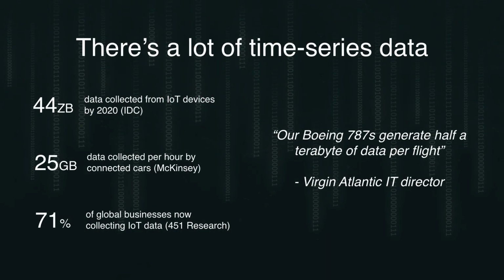And when I say high volume, I really do mean high volume. IDC predicts that in the year 2020, we're going to have 44 zettabytes of this type of data from IoT sensors alone. And don't worry, I had to look up what a zettabyte is as well. It's 1 million petabytes. So it's really a lot of data.